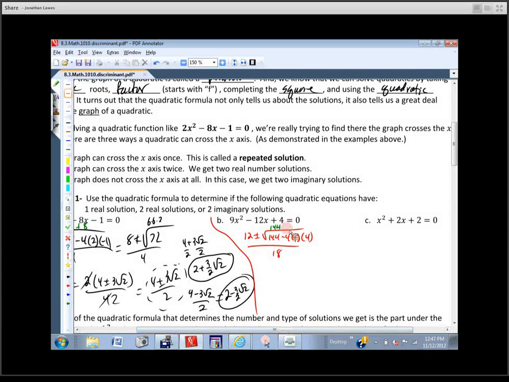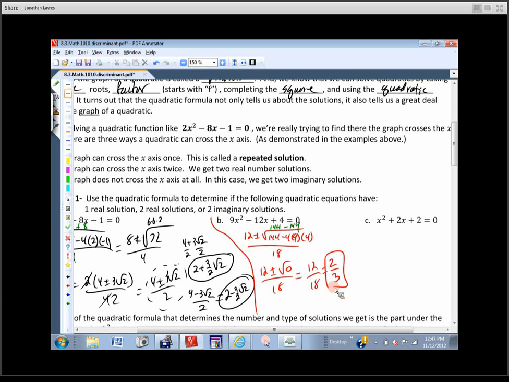Subtract. What's 4 times 9? 36 times 4? 144. Well, this is pretty cool. Look what we've got here. That means I have 12 plus or minus the square root of 0 over 18. Well, 0 is just 0. Whether you add it or subtract it doesn't make any difference. I've got 12 over 18, so I've got 2/3.